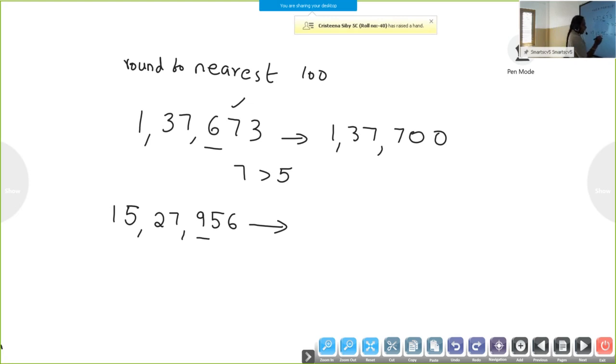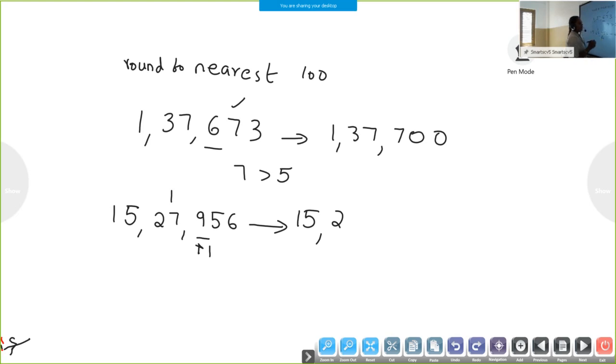So when you add 1 to the hundreds place, what happens? 9 becomes 10. So that 1 should be carried over to the thousands place. When you add 1 to the 9 at the hundreds place, 9 plus 1 becomes 10.